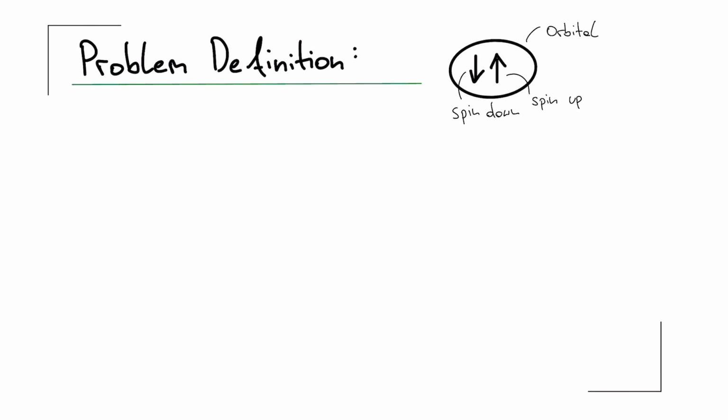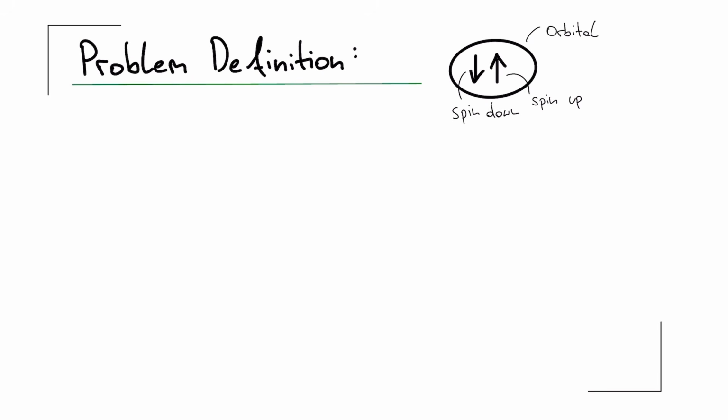Now, what is spin exactly? I also won't go into the details here because this video would get way too long, but you can think of spin as a kind of built-in property that particles have. It's a dual property. It can either be up or down. That's it. It's similar to electric charge. We say a particle has positive or negative charge, but we don't really ask why that is. We just know it has consequences.